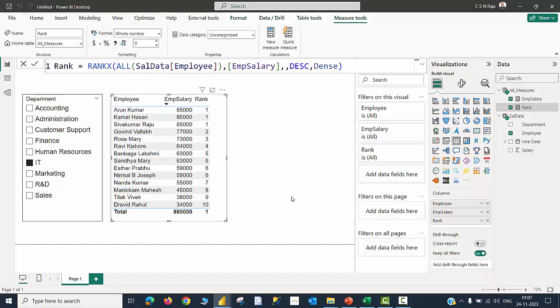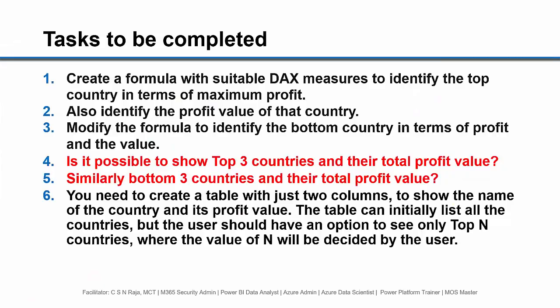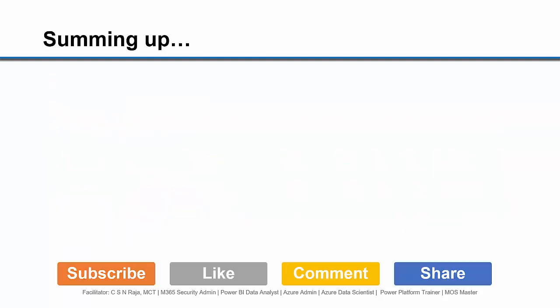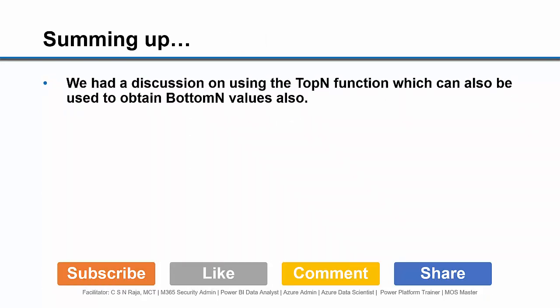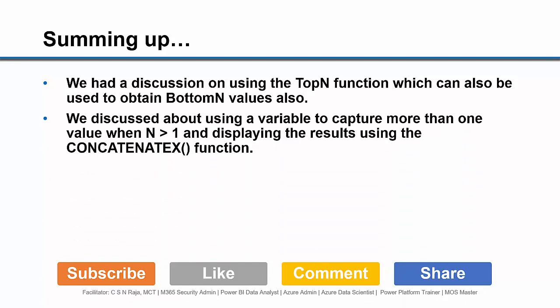Hopefully, I have explained the dense and skip components of a rank function, which you are able to clearly see in this example. We have just completed all the 6 tasks that are shown here. Probably you can check it by yourself. In this video, we had a discussion on using the TopN function, which can also be used to obtain bottom n values.